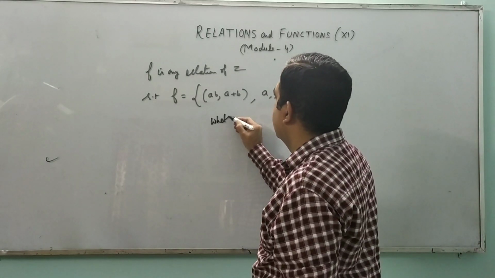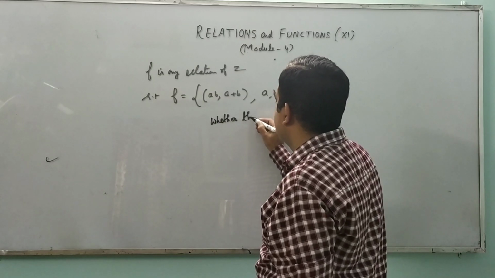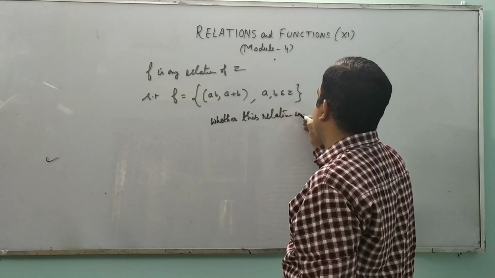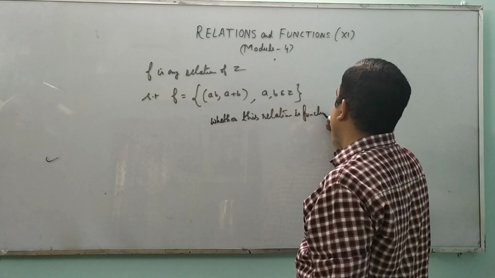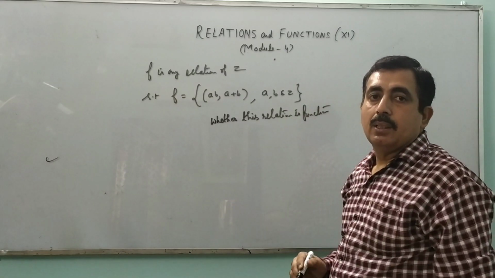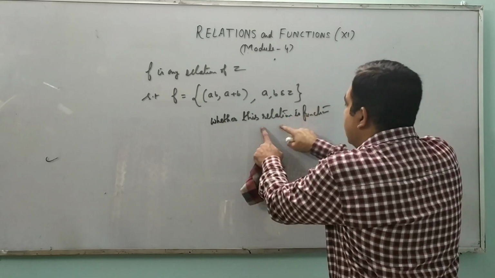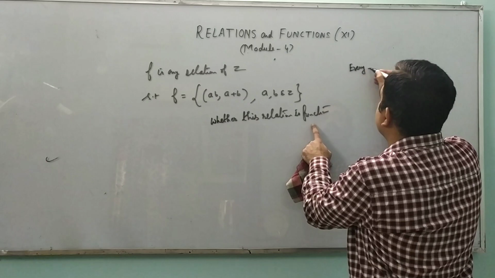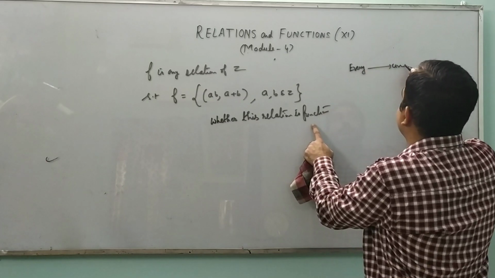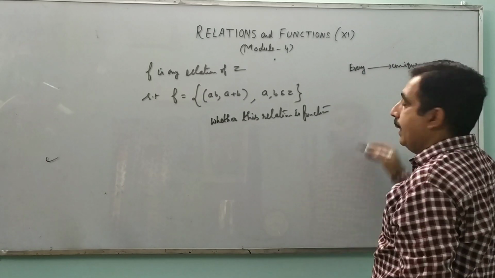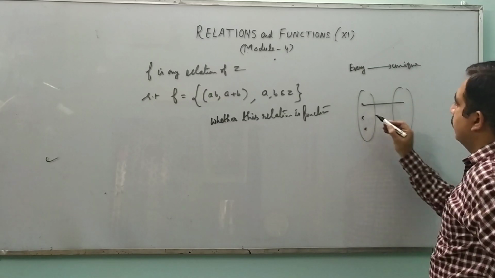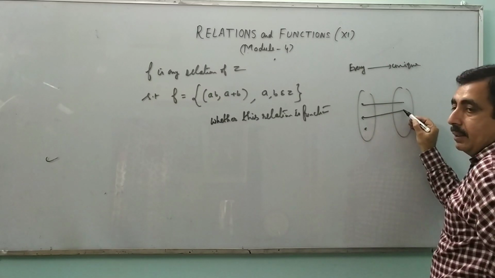See, a relation is a function when every element has a unique image. It may be the same, it may be different, but unique image.